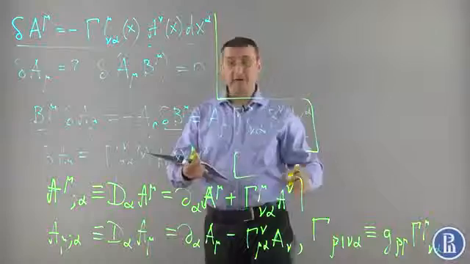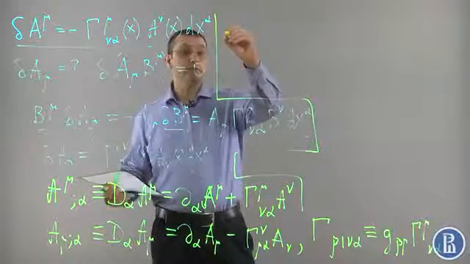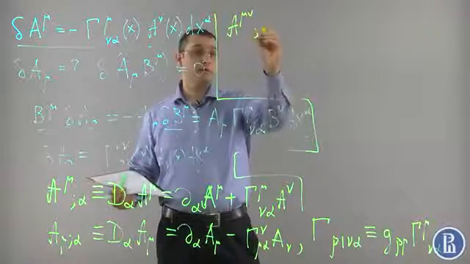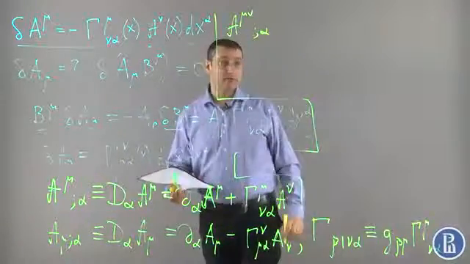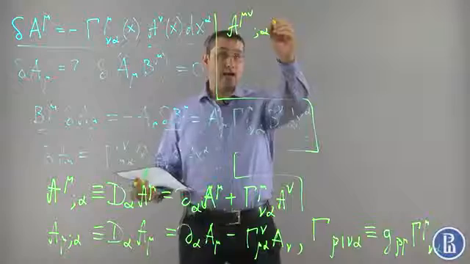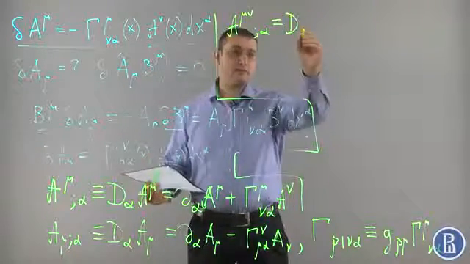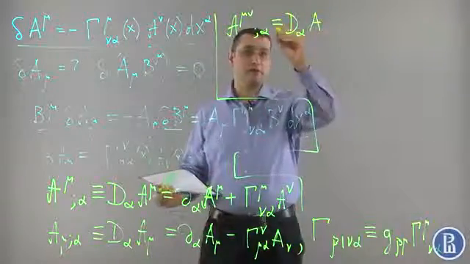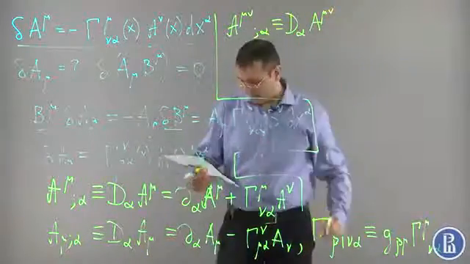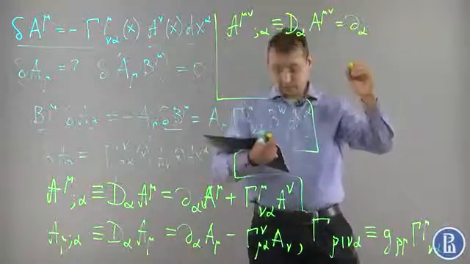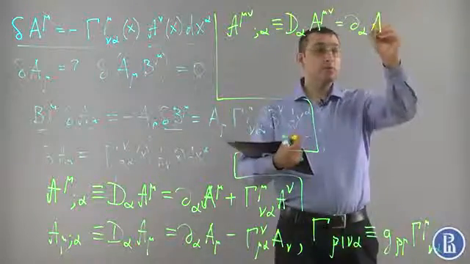Similarly, we have a tensor with two indices, μ and ν, and want to take the covariant differential with respect to α, which, as you may guess, is just the same thing in different notation. It is equal to ∂_α A^μν.